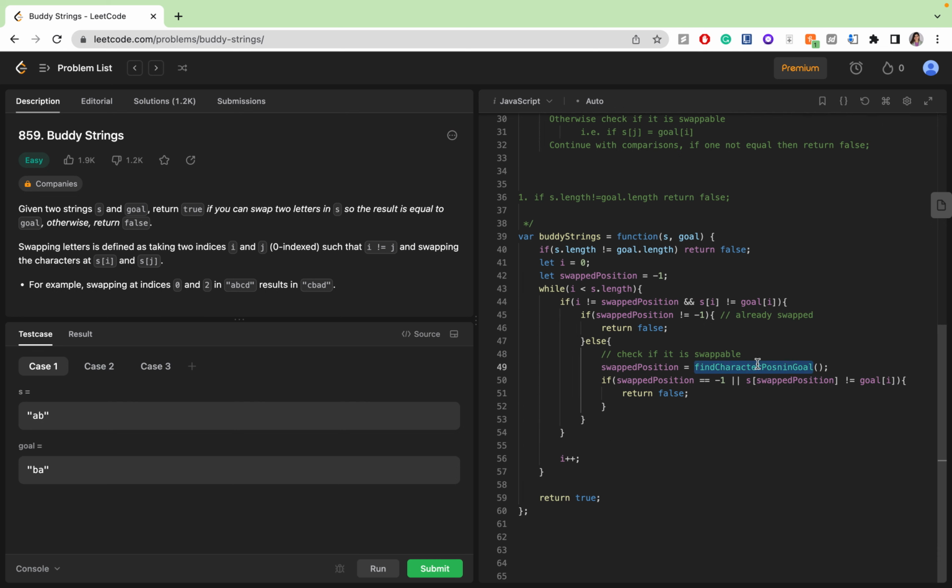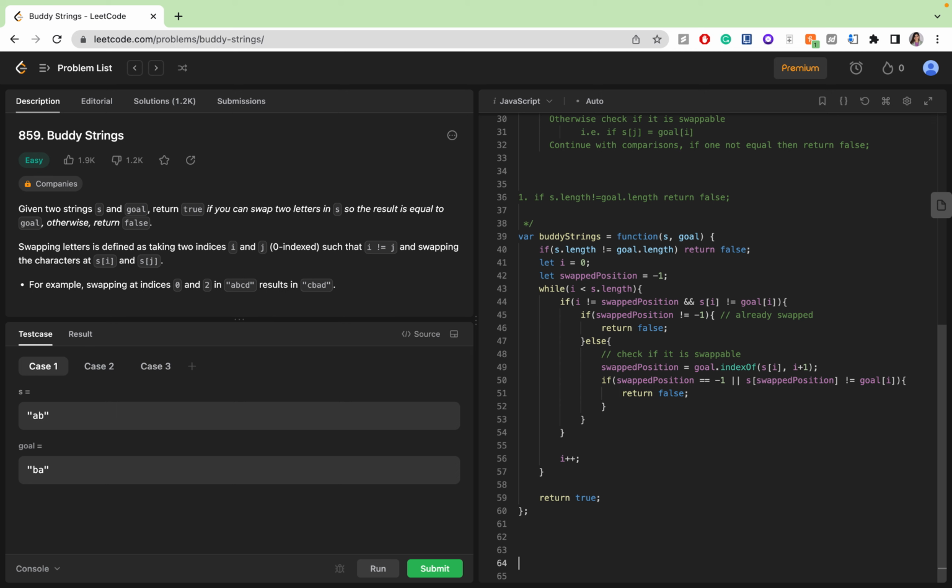So what I can do is I need to find goal dot indexOf, the character will be si, and position will be, I think, i plus 1.